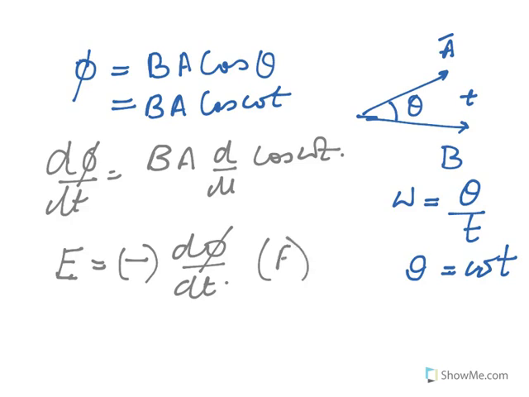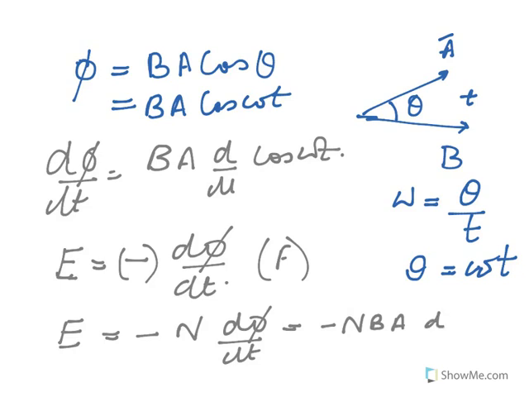Now for n turns, induced EMF becomes equal to minus n d phi dt. So this could be written as minus n BA d by dt of cos omega t.